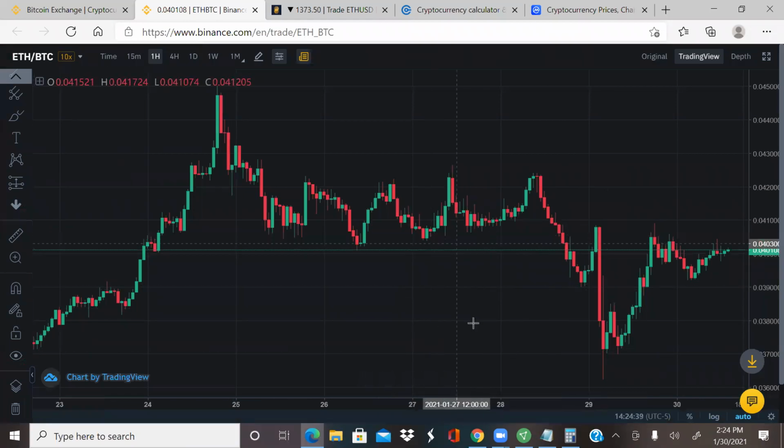For new people, the first thing you want to do is understand how the chart works and understand the economics of a coin. For example, the economics of Ethereum.